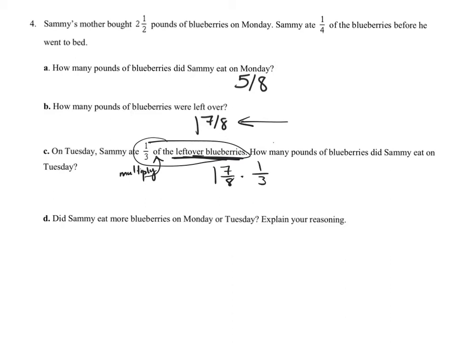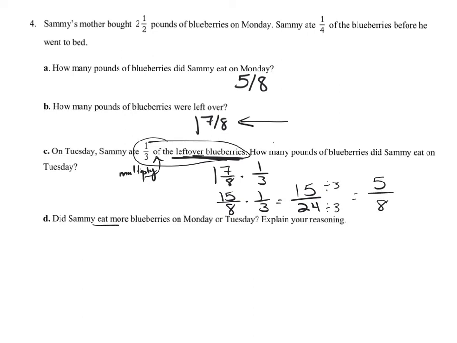But once again, we need to make this improper. 1 times 8 is 8 plus 7. So you have 15/8 times 1/3, which gives you 15/24, which you could simplify. They both can be divided by 3 if you wanted to, which gives you 5/8.